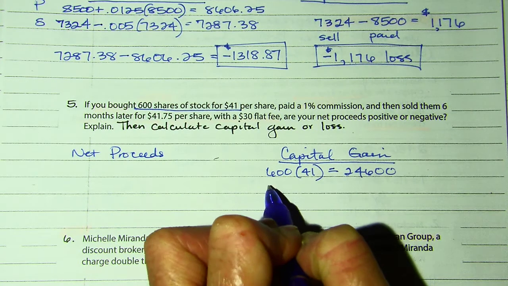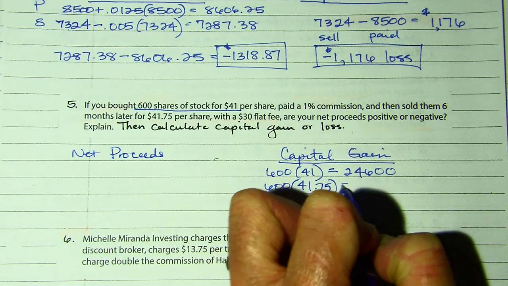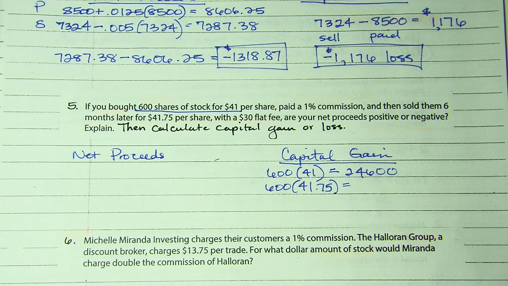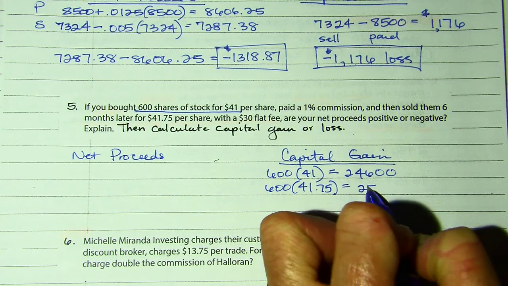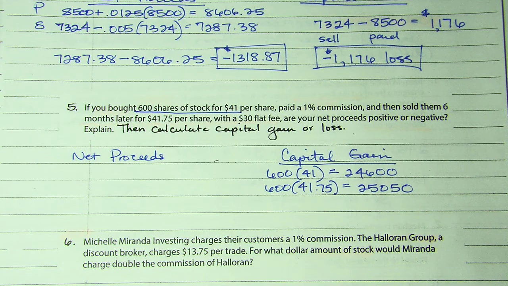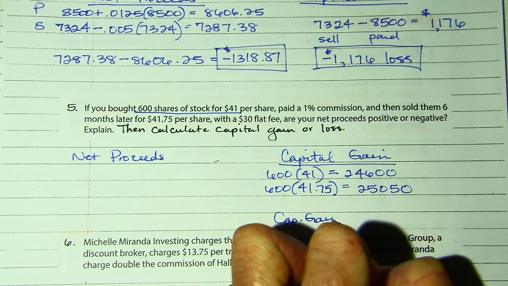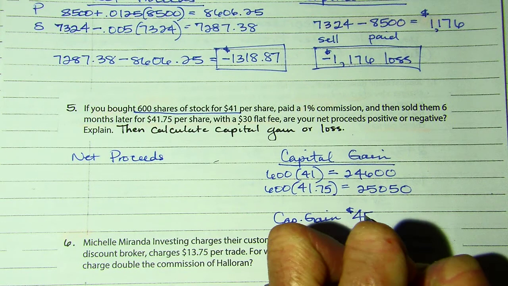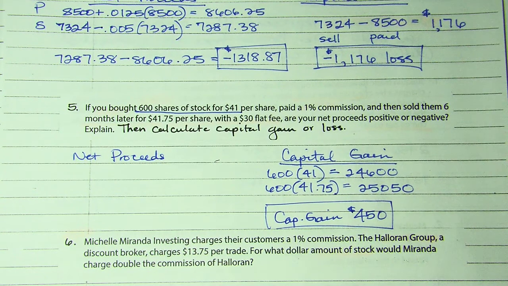She sold them for $41.75. So 600 times $41.75. She sold them for $25,050. So she has a capital gain of $450. That's technically what she would be taxed on, is the capital gain.